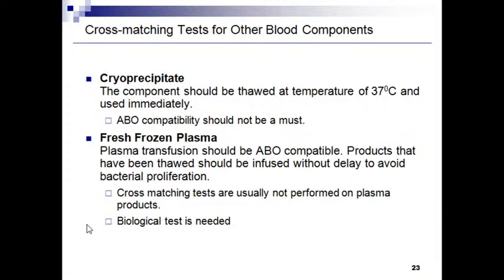It means you must select plasma from a donor of the same group as your patient. And the product that has been thawed should be infused without delay to avoid bacterial proliferation in the plasma. Cross-matching tests are usually not performed on plasma products, but the biological test is needed.